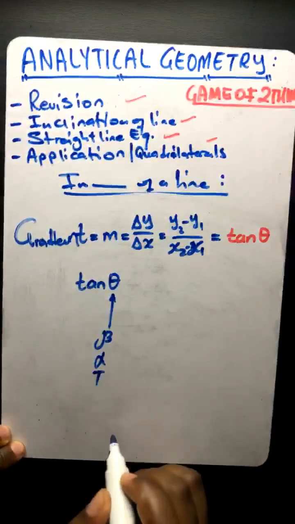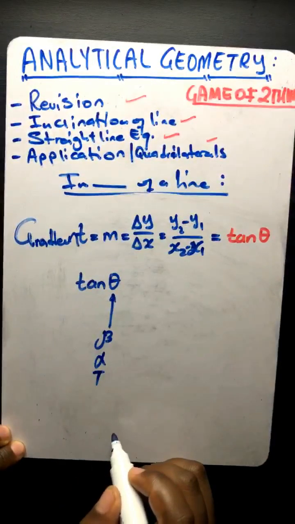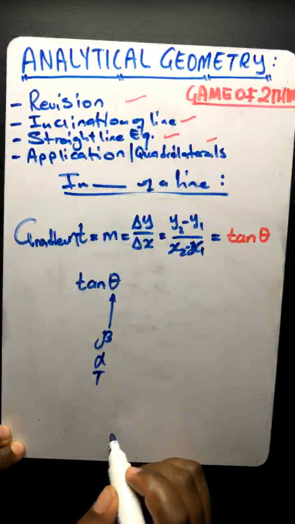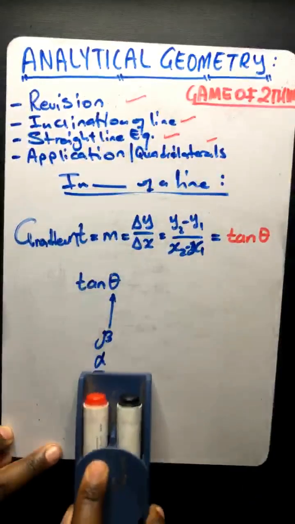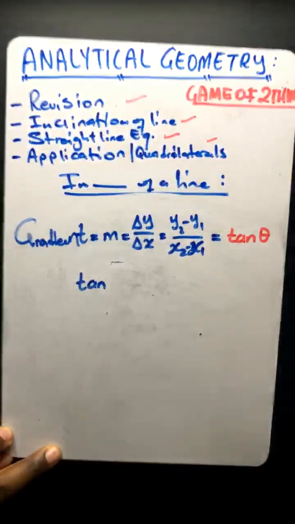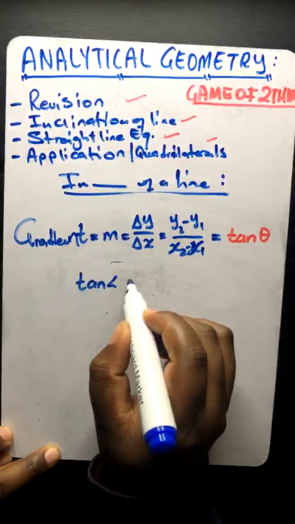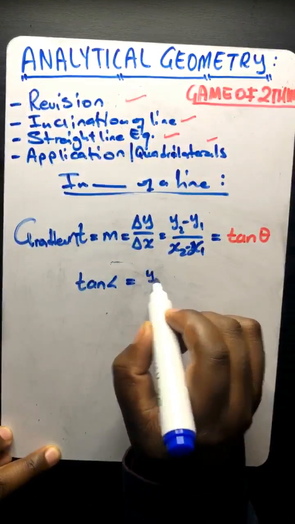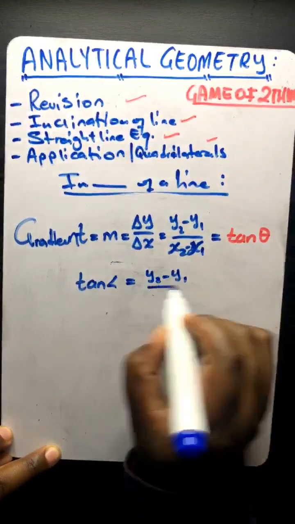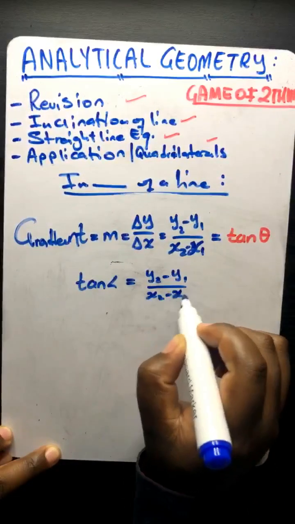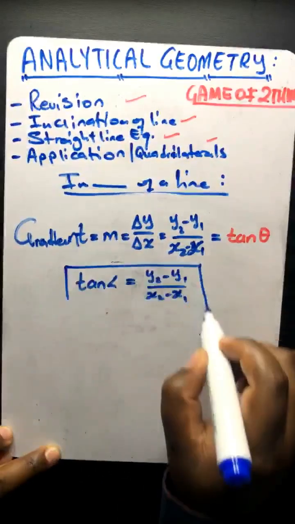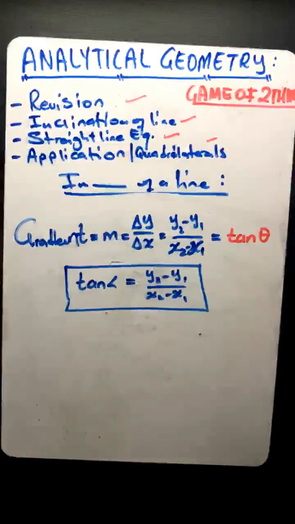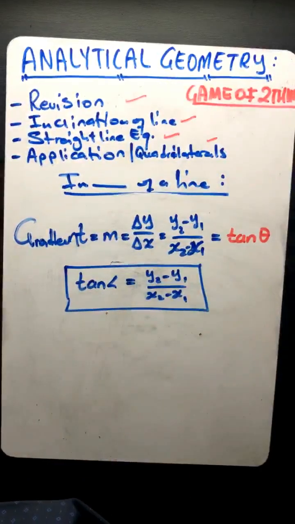You just need to know that tan angle. That is why, to generalize, I'm just going to use this symbol to say tan angle equals the gradient, being y2 minus y1 over x2 minus x1. That's what you need to always remember.